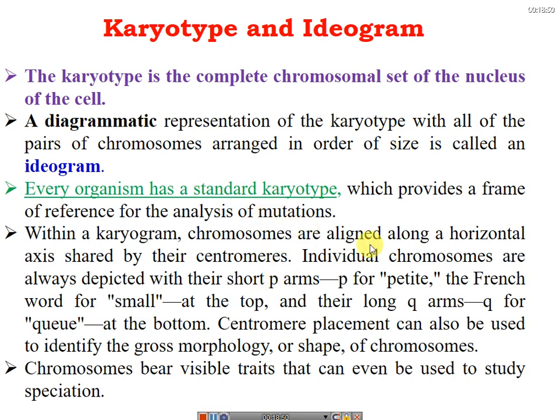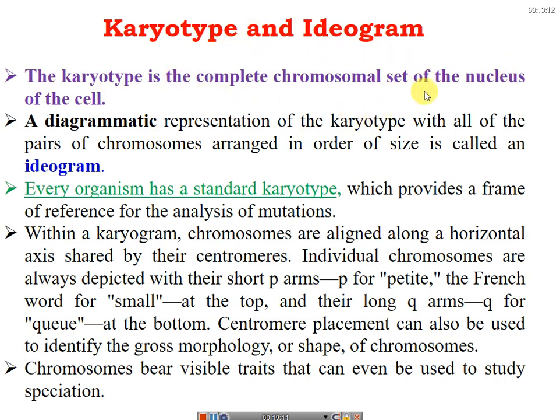So what is a karyotype? A karyotype is the complete chromosomal set of the nucleus of a cell, as it is isolated and viewed under the microscope.